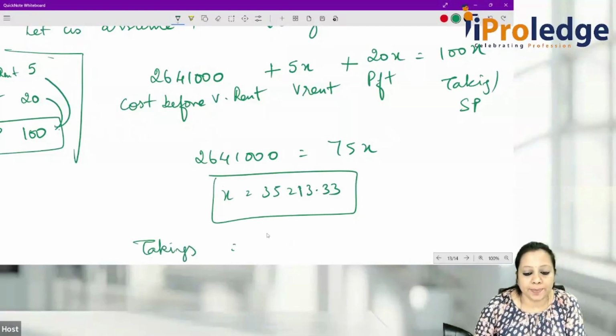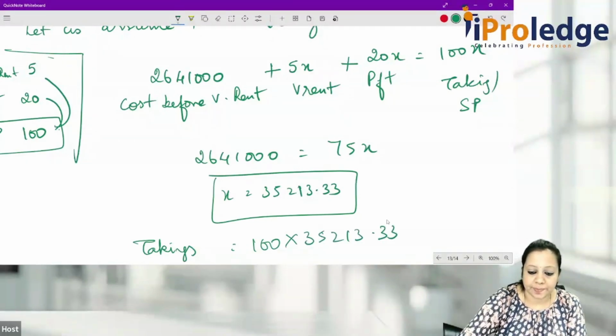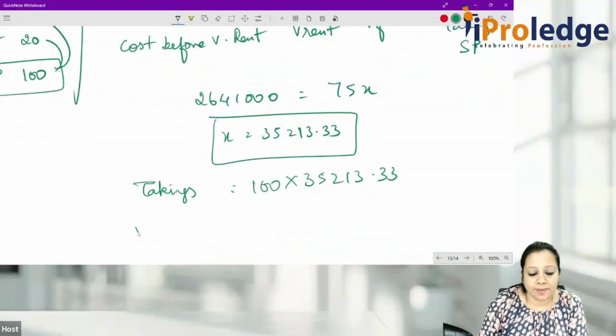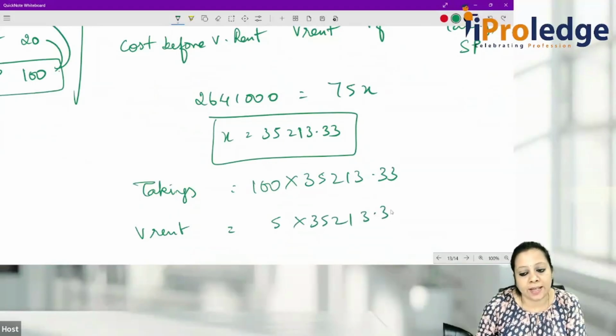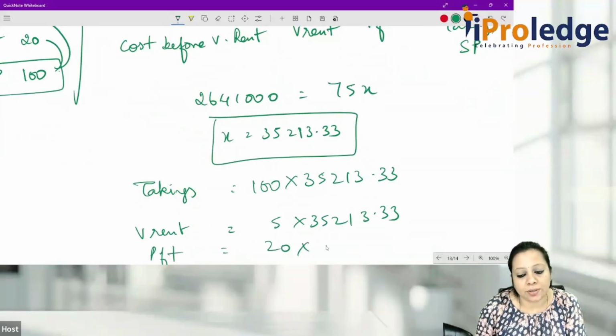Takings will be equal to 100 into 35,213.33. Then variable rent will be equal to 5 into 35,213.33. Profit is equal to 20 into 35,213.33.